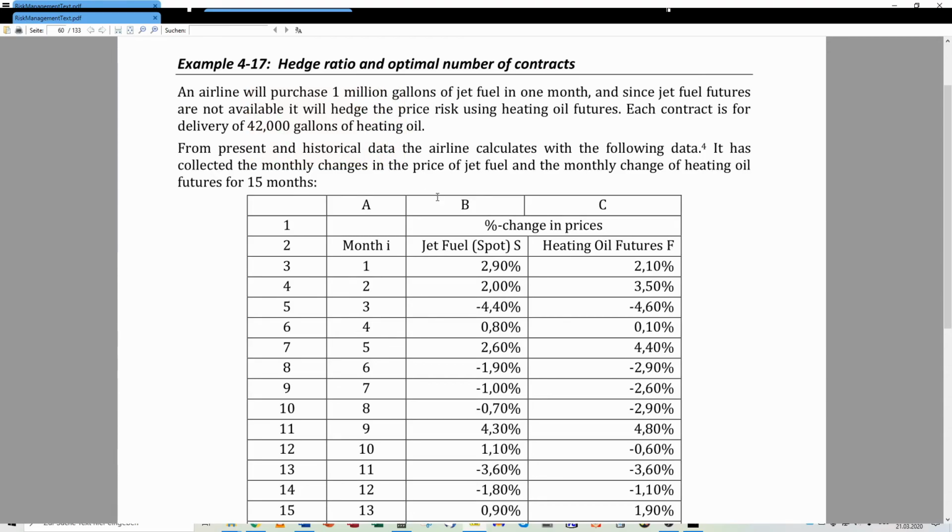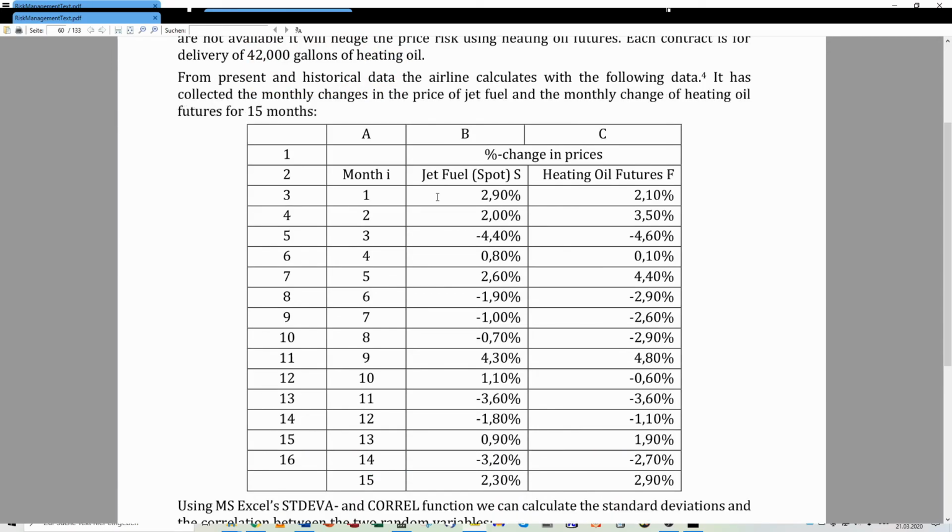So then the airline collects data from maybe 14 or 15 months. We have months from 1, 2, 3, 4 until 15, and we have the percentage changes in the prices of the jet fuel and the heating oil futures.